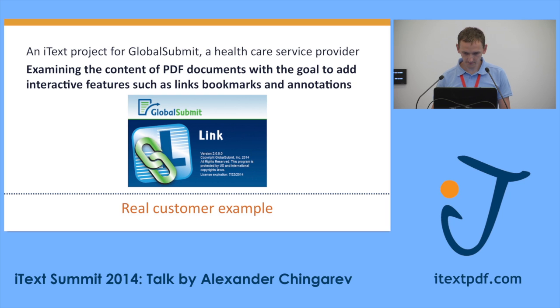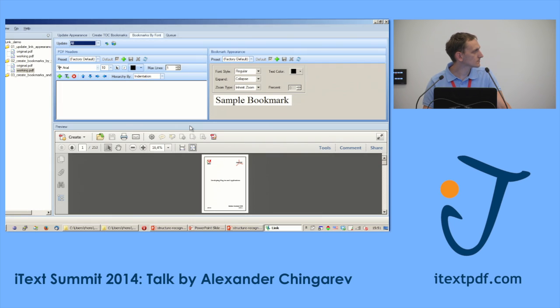Now I will start the application. You don't see it. Just a second. So this is an application called Link. At the left side of the application you can see a list of PDF documents you want to change.